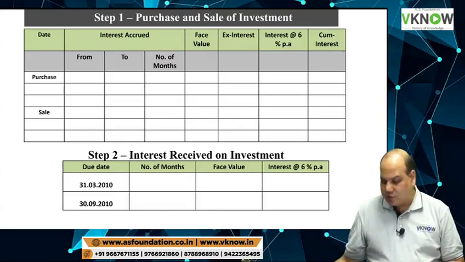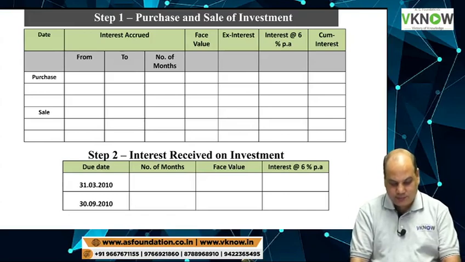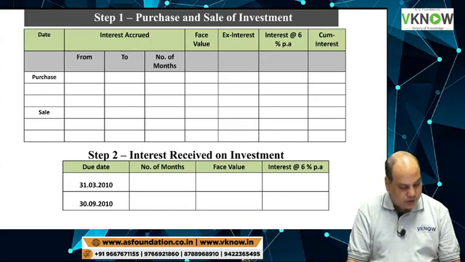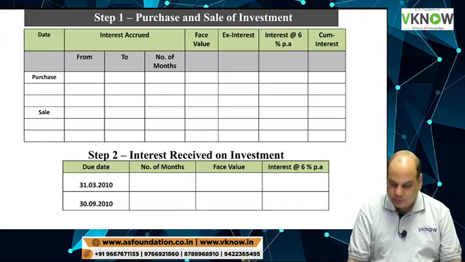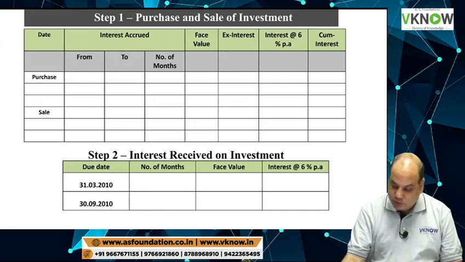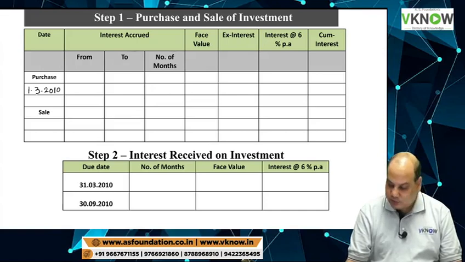There are two purchase and two sale transactions. Very clearly given in the question, two purchase and two sale transactions. Purchase transaction was on 1st March 2010. Question is in front of you. Second line, 1st March 2010. And the interest due dates are 30th September and 31st March.